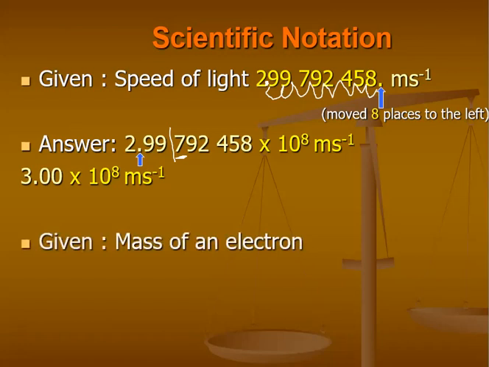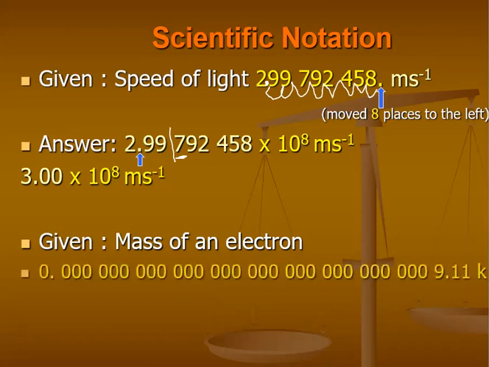There we go. All right, so let's say, for example, you have the mass of an electron, which is basically like that. So how do you end up, you're going to count how many places, shift the decimal until it's in front of the first number. If you shift it, you will see that you have moved that decimal 31 places to the right. And when you shift a decimal to the right, it means you're going to have a negative exponent for the number of places you have shifted it.